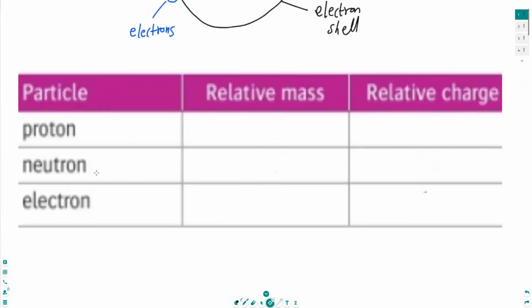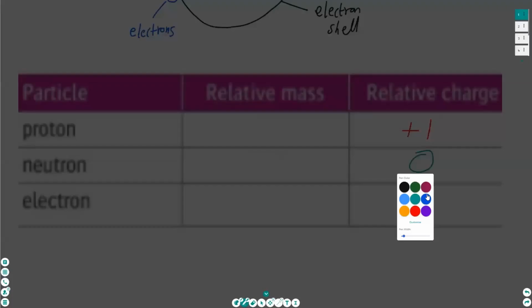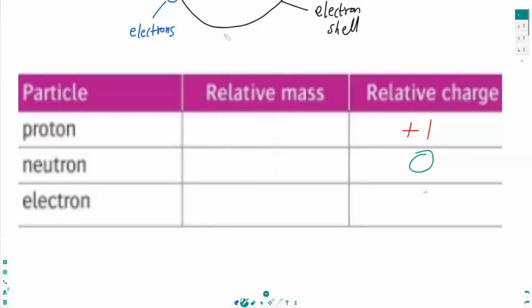So a proton, because I drew positives on there, has a relative charge of +1. Neutrons have no charge. Electrons, because of the minuses, have a relative charge of -1.